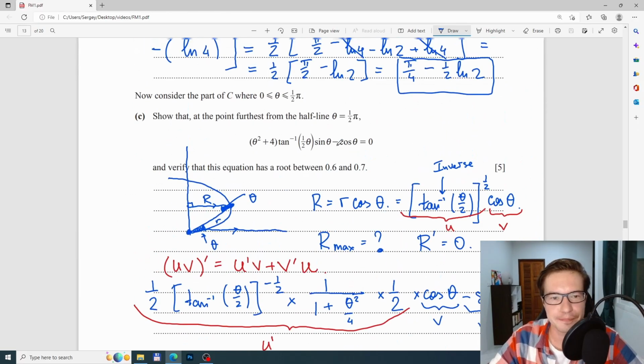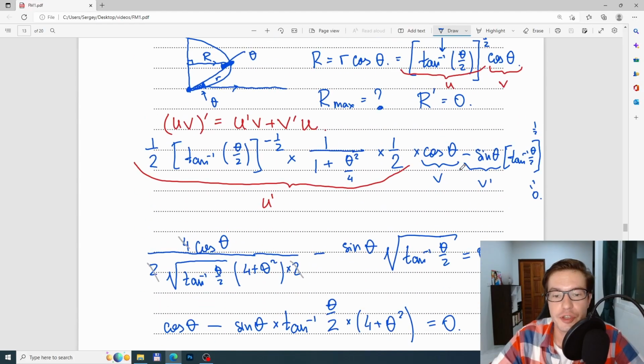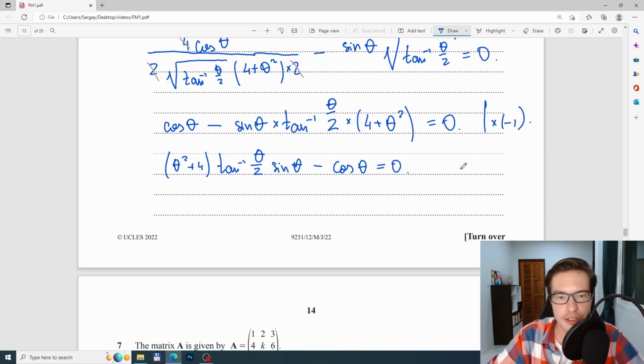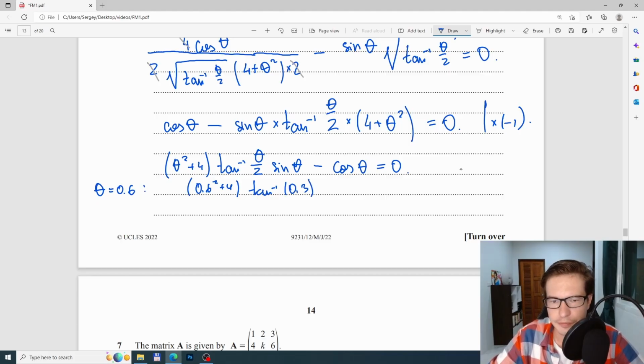Our question says, verify that this equation has a root between 0.6 and 0.7. To do so, let's substitute 0.6 into our equation and see what we got. So it's 0.6 squared plus 4 times inverse tangent of 0.3 times sine 0.6 minus cosine 0.6.